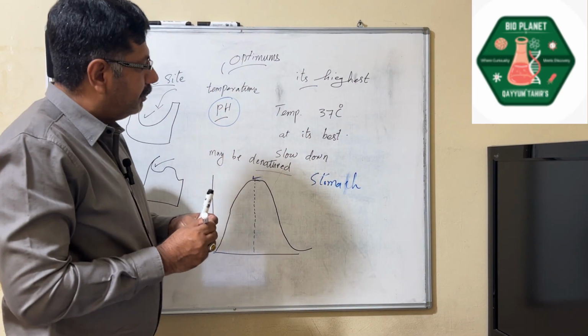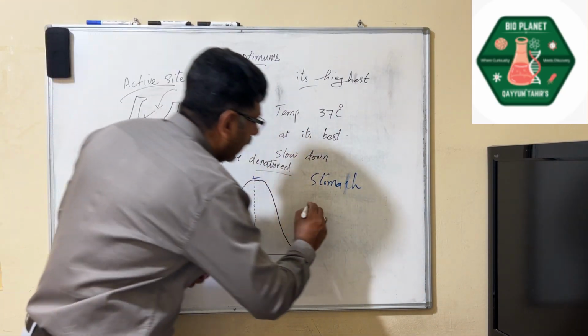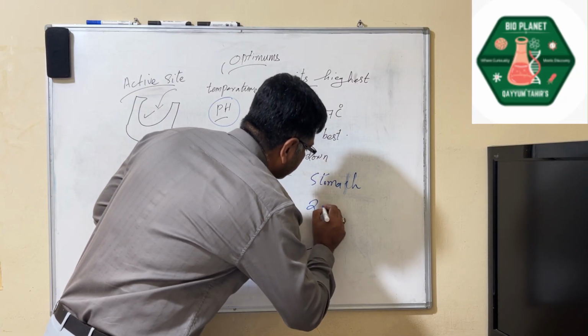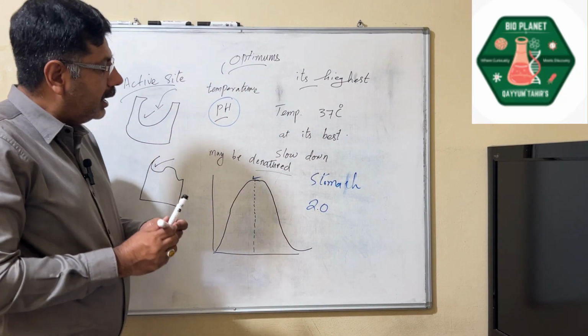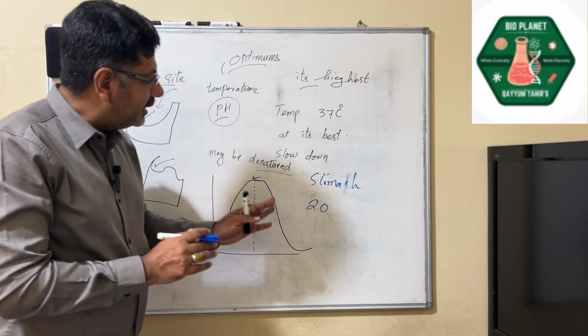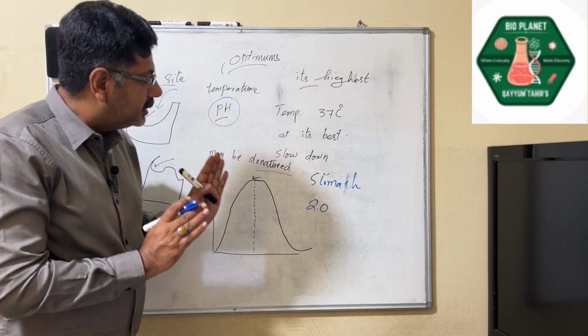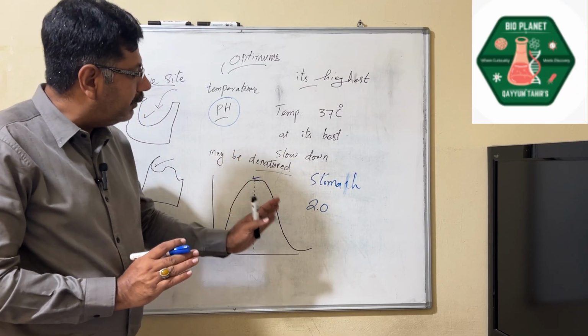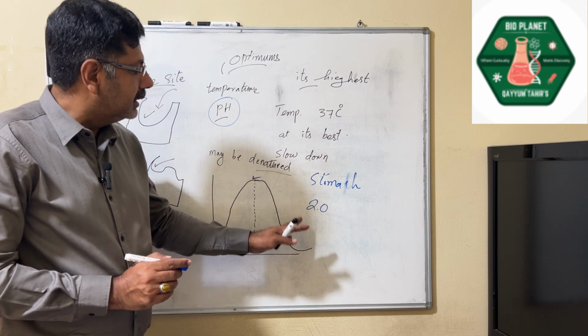in the stomach, the pH value is about 2.0, where in an acidic medium, germs are killed and the performance of enzymes like pepsin is the best.